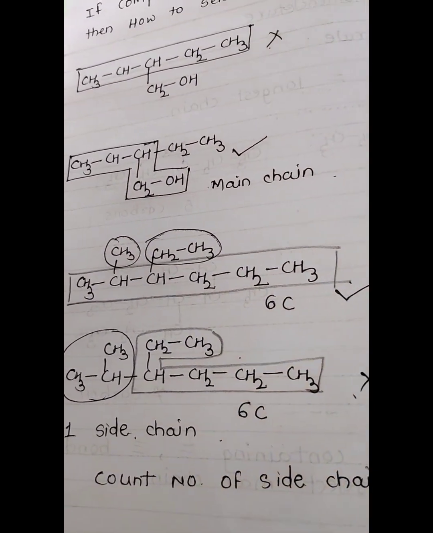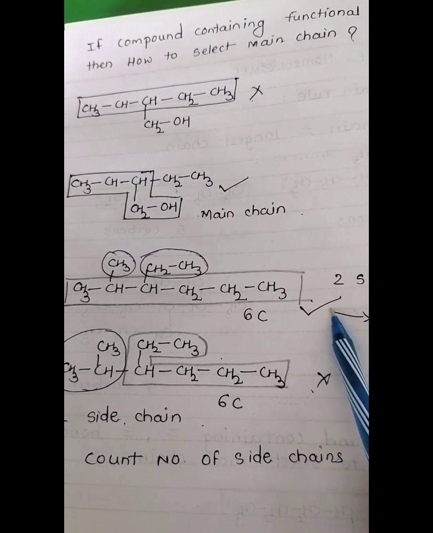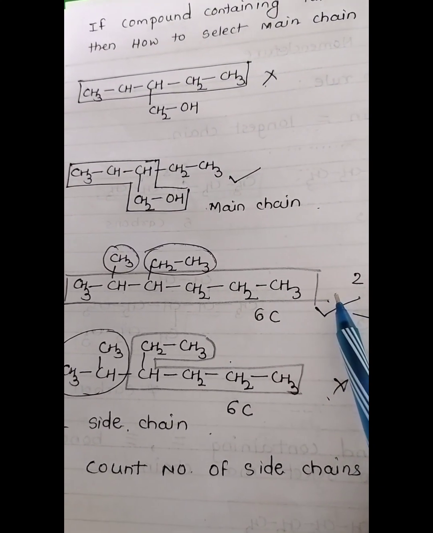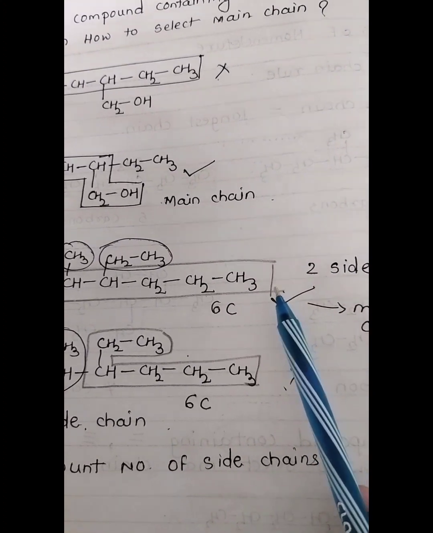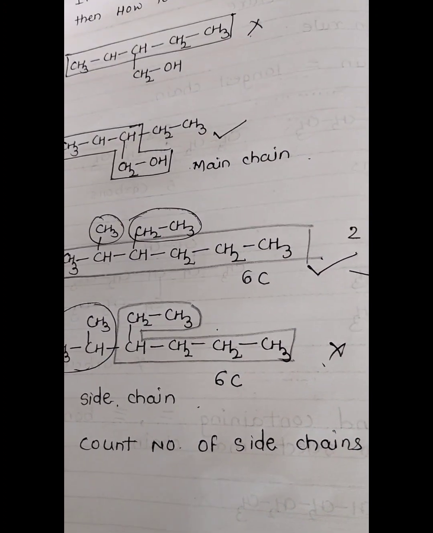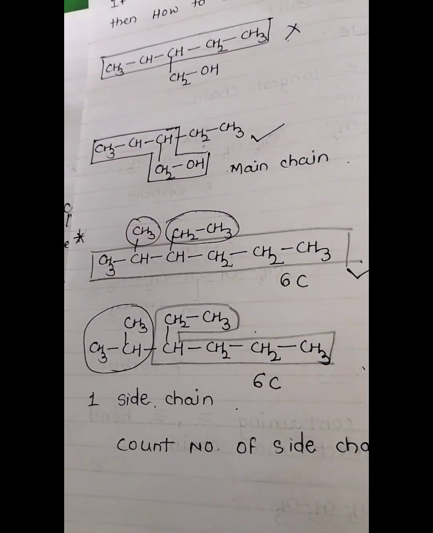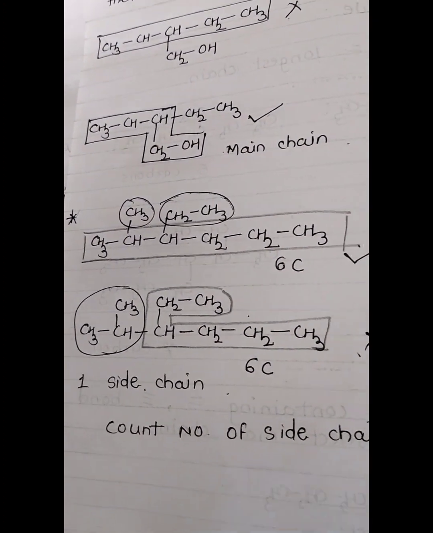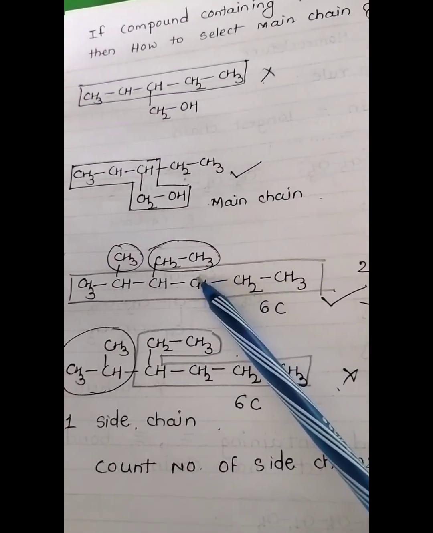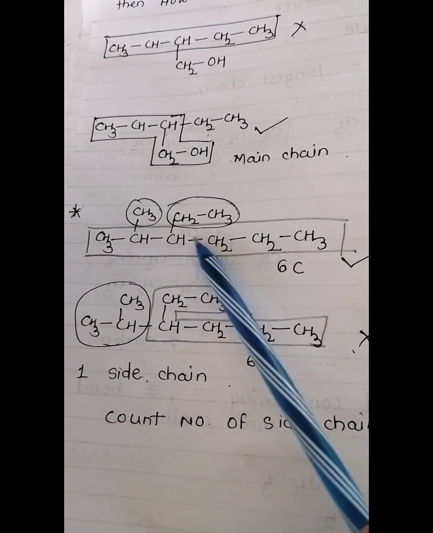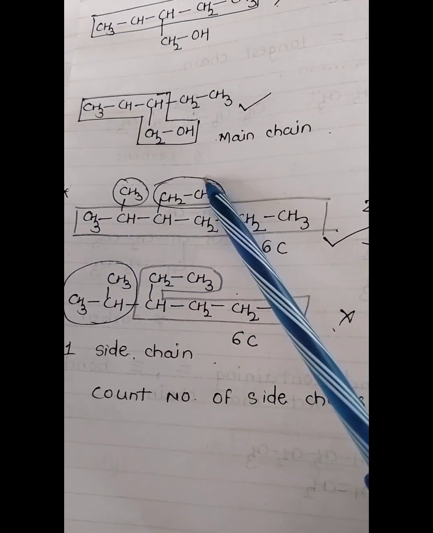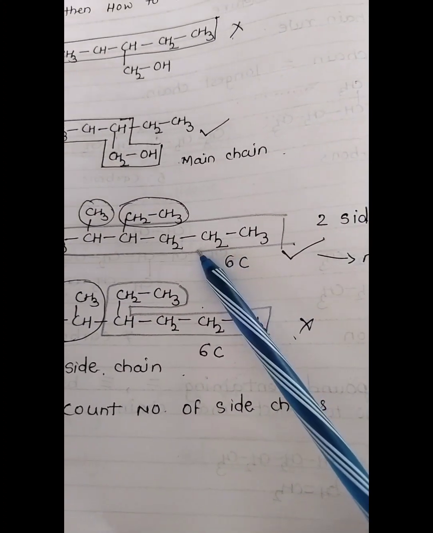Another example is a compound containing substituents, more than two side chains. If the compound contains side chains, then how do we select the main chain? In this compound, if we select the straight chain, there is no side chain in our main chain.